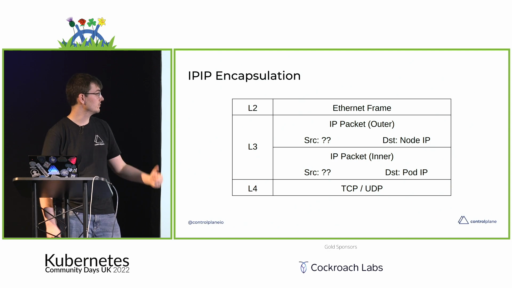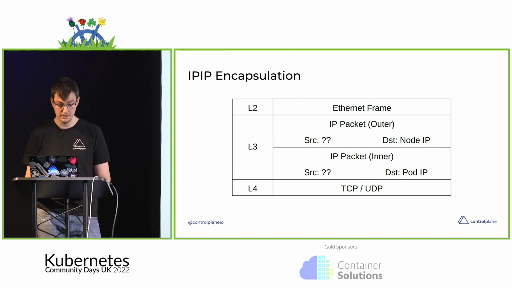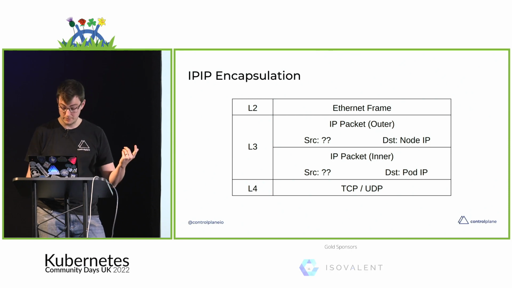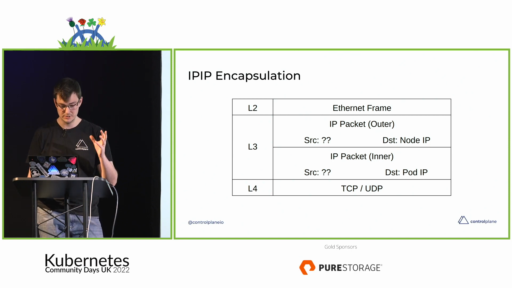The source address of the outer packet can either be set to another node in the cluster or our bastion IP address, depending on which CNI we're using and some of the spoofing protections that are available.